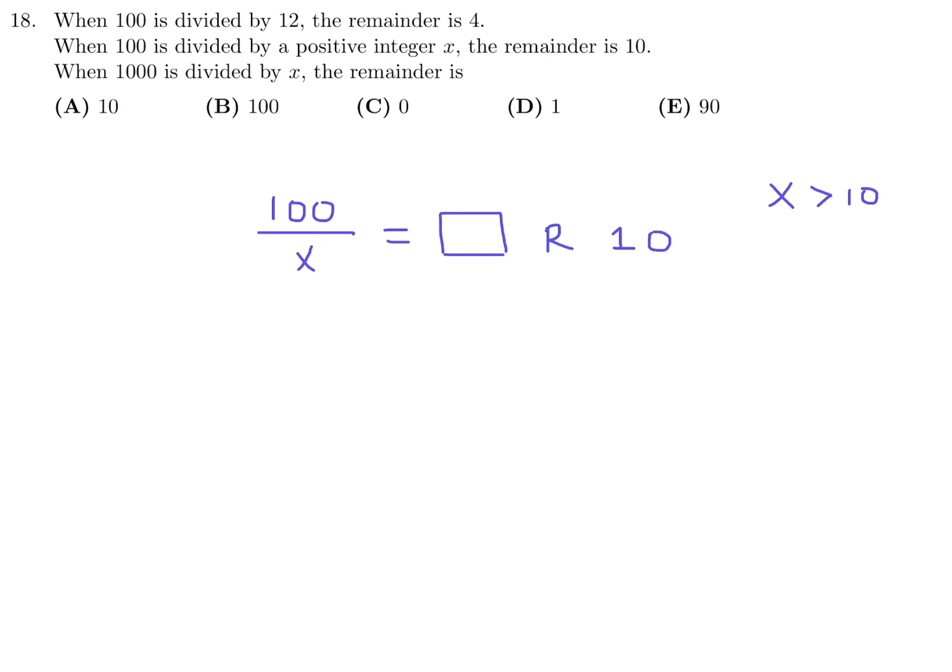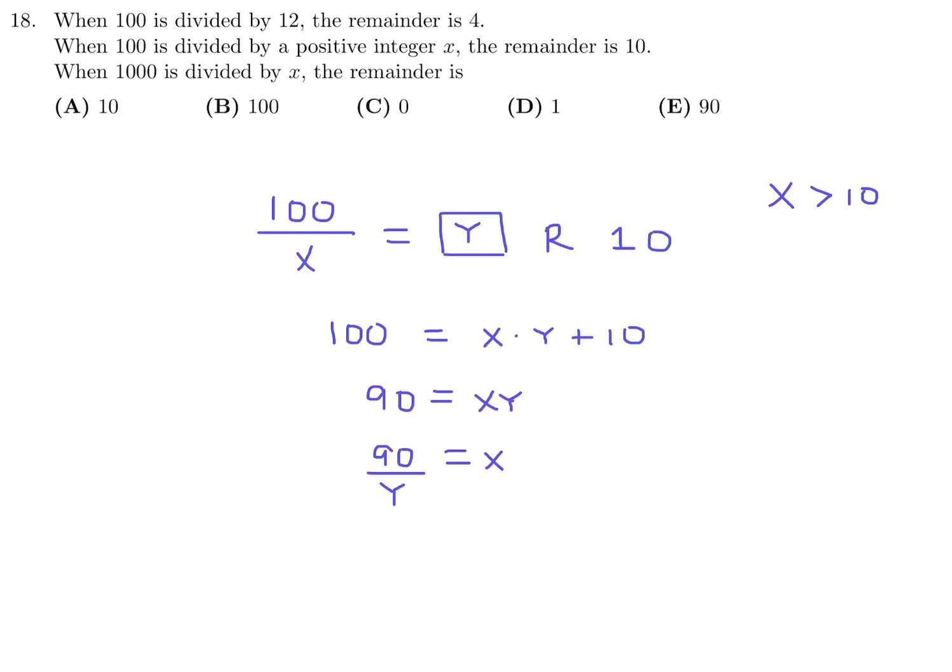If the remainder is 10, then that means that x times this number, let's just say that number is y, would equal 100 = x times y plus 10. And that means x times y is equal to 90. So x is 90 divided by y. So any number that matches 90 divided by y could be x.